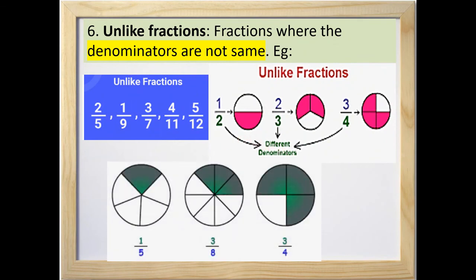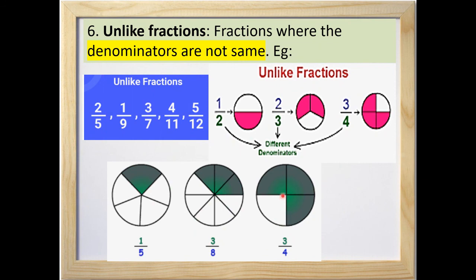Let us take another example. We have 1 by 5, 3 by 8 and 3 by 4. See here the figure is divided into 5 equal parts and one part is shaded. So here it is 1 by 5. In the second figure we see 3 parts out of 8 equal parts are shaded, so it is given by the fraction 3 by 8.